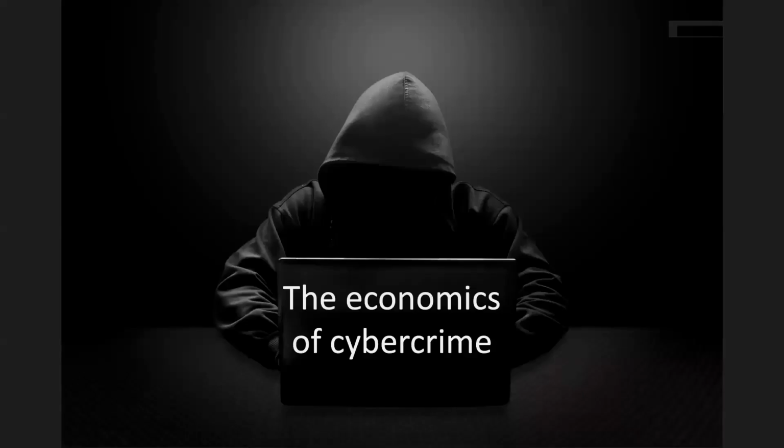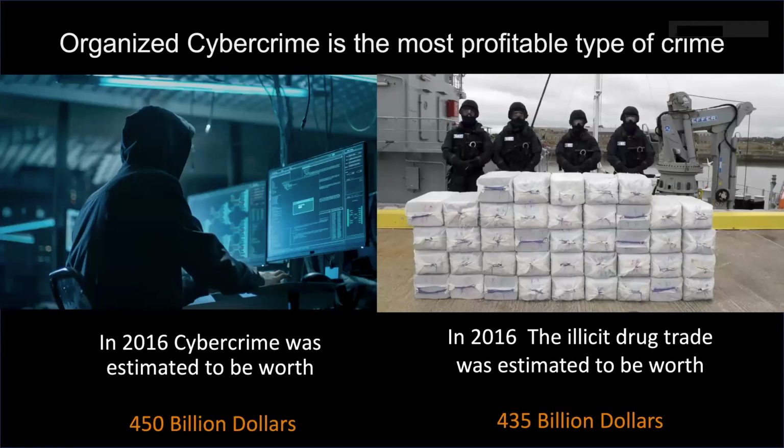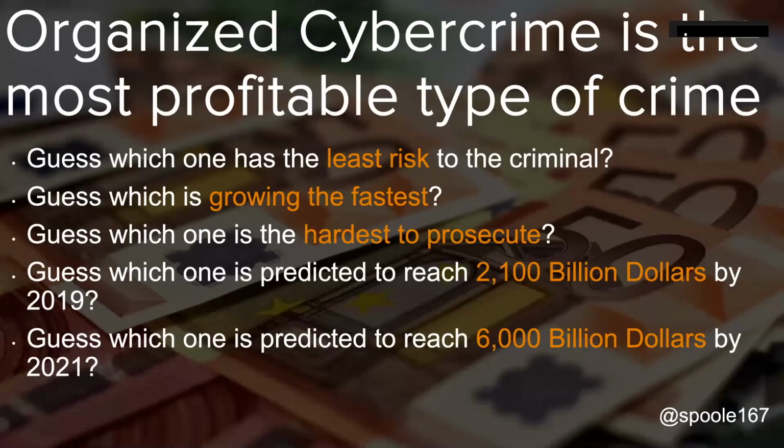To set a bit of context on this, I'm sure we all know about cybercrime, but it often shocks people that it actually overtook drugs in terms of profitability back in 2016. That often surprises people. And this goes some way to show why the attacks we're seeing are getting more and more sophisticated. Cybercrime is less risky.